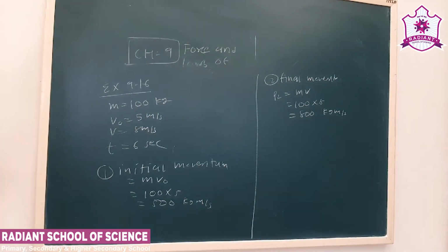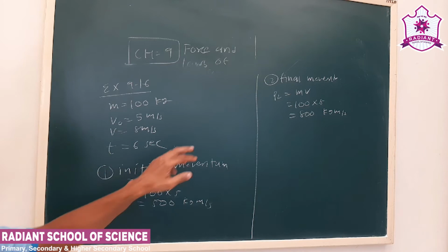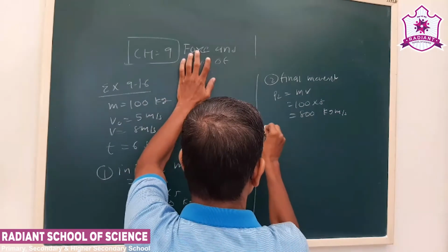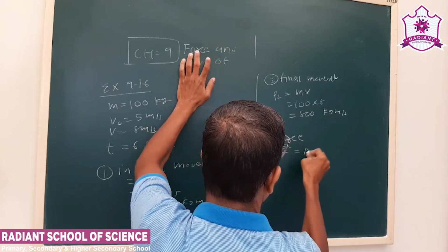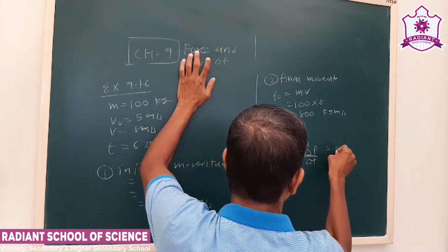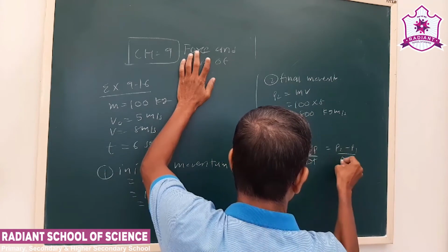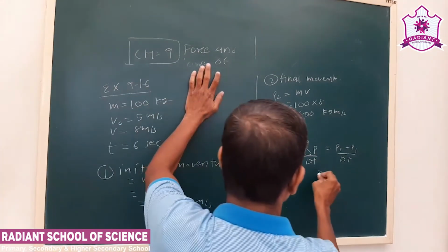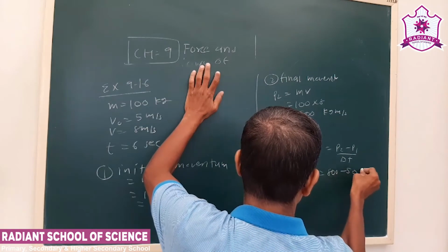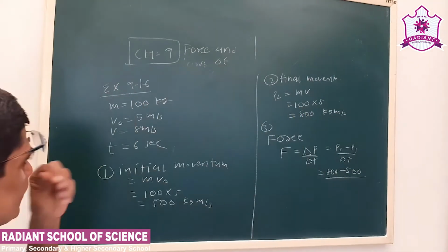Now see the time is given as 6 seconds. So force is delta P by delta T. P1 and P2 we have already calculated. See, the time interval is 6 seconds.